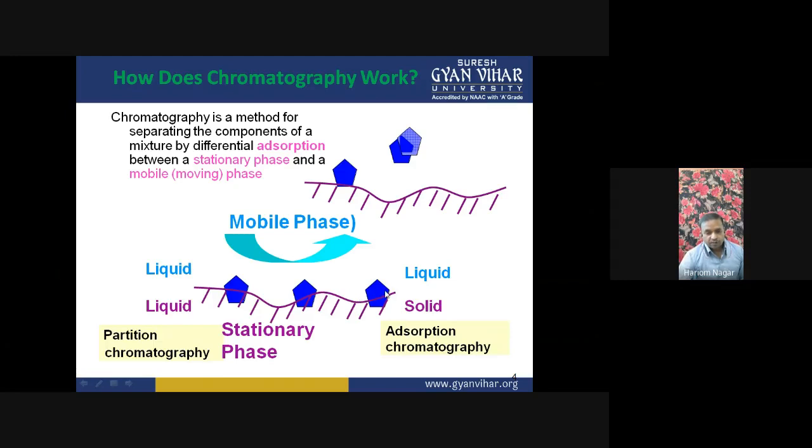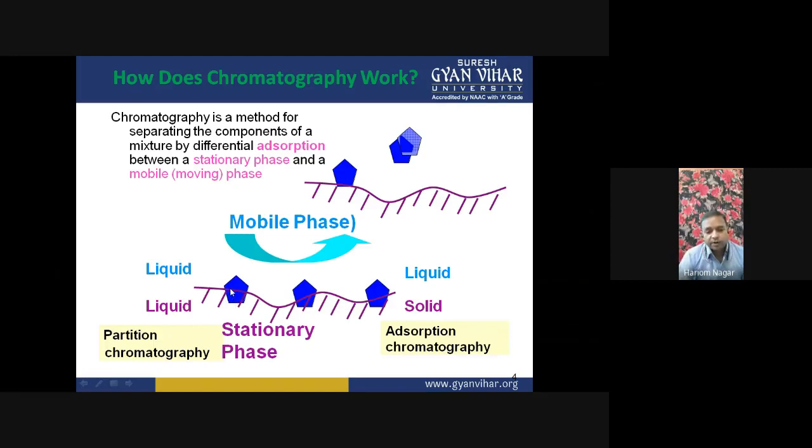This component traveled the maximum distance from this side to this side. It means it is interacting less with the stationary phase. And this component traveled a very short distance, which means it is interacting more with the stationary phase.